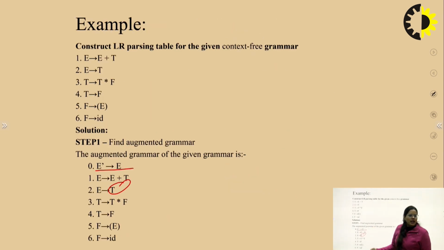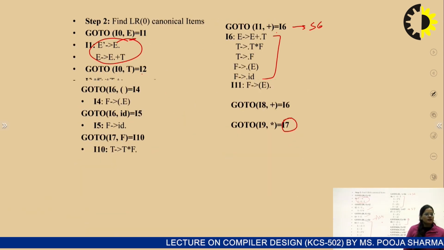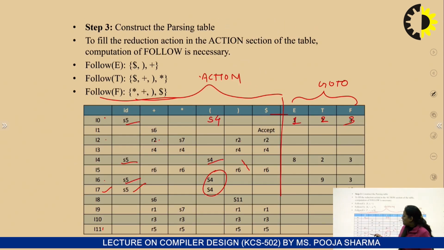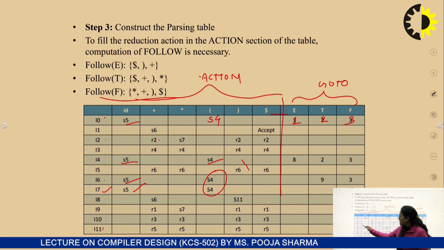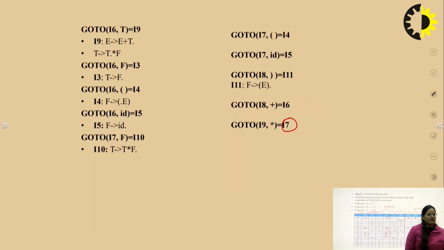This is the fourth production, so we make an R4 entry in follow of F. Star, plus, closing bracket and dollar are the follow of F, so R4 entries there.